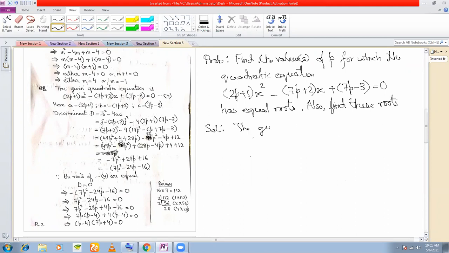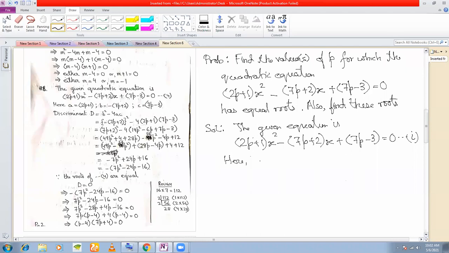The given equation is 2p plus 1 x square minus 7p plus 2 x plus 7p minus 3 equal to 0. Call this 1. So here the coefficient of x square, a, is 2p plus 1.